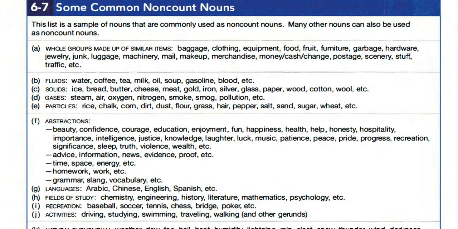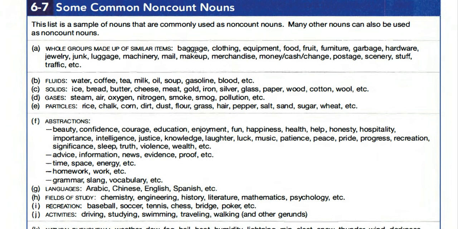Okay, fine. So in section 7, we have some common non-countable nouns. The common ones are the words that we use in daily speaking, or maybe in daily writing or chatting.